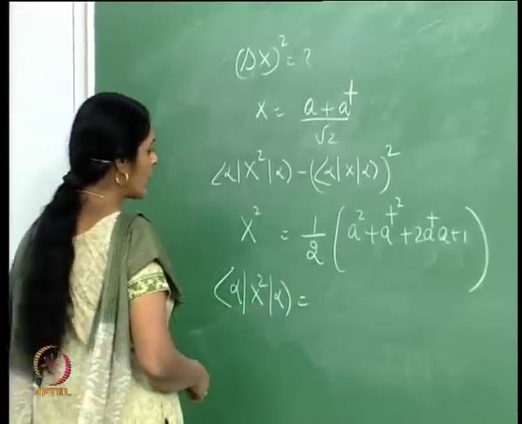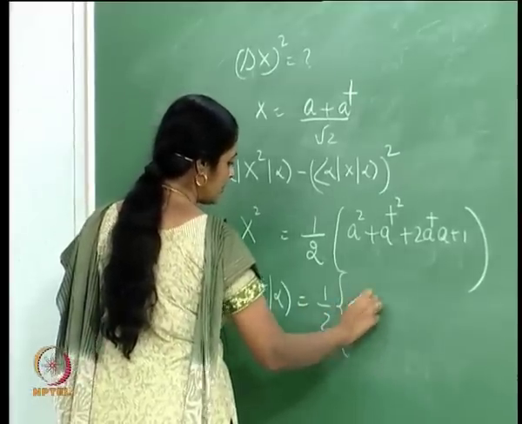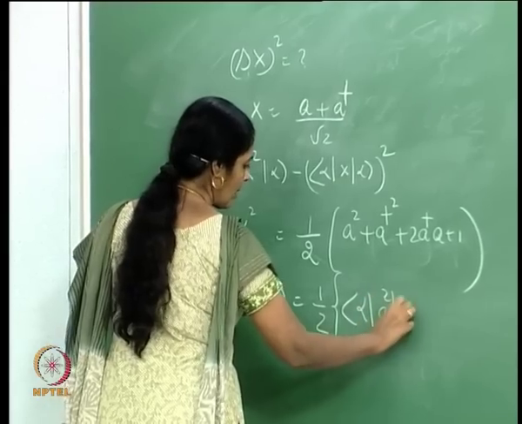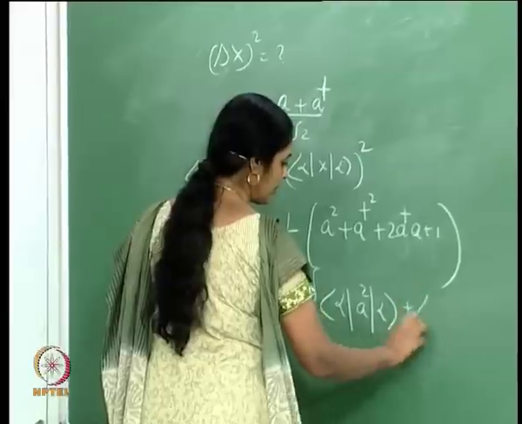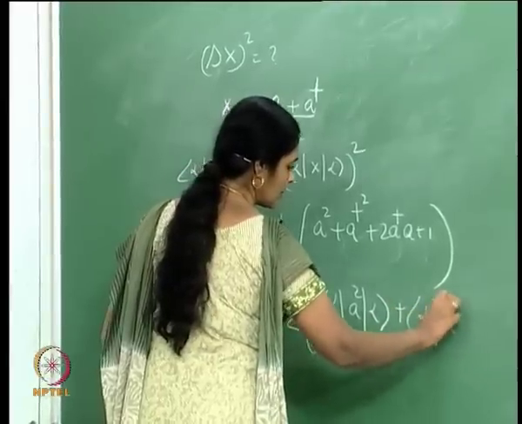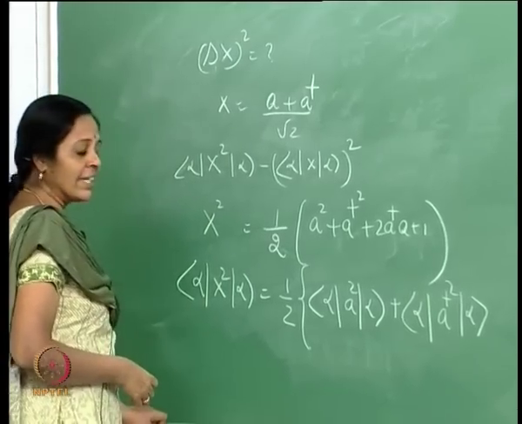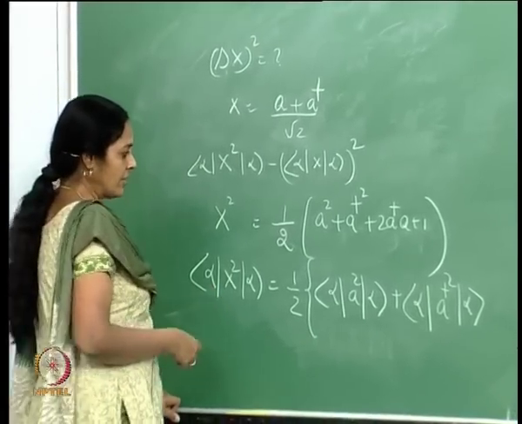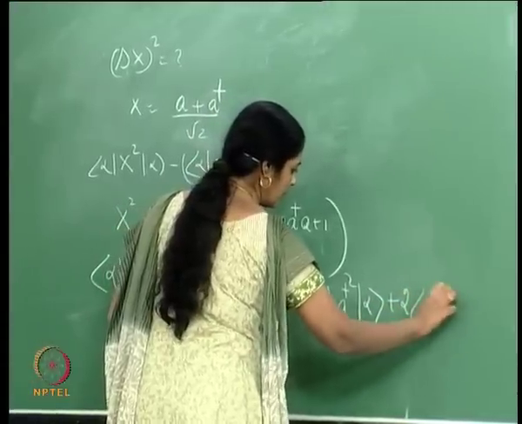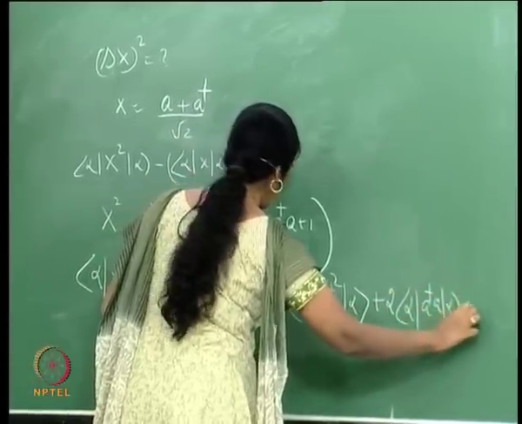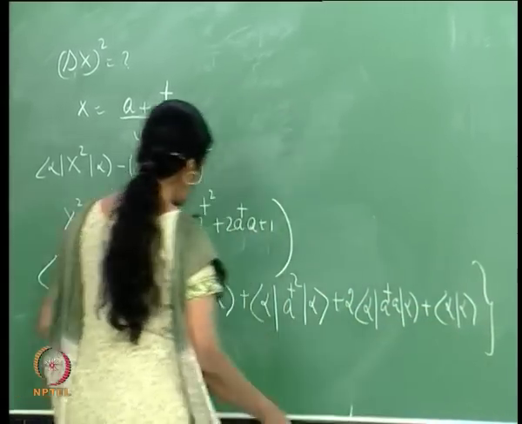Therefore, alpha x squared alpha is half: alpha a squared alpha is the first term, plus alpha a dagger squared alpha, that is the next term, and so on.